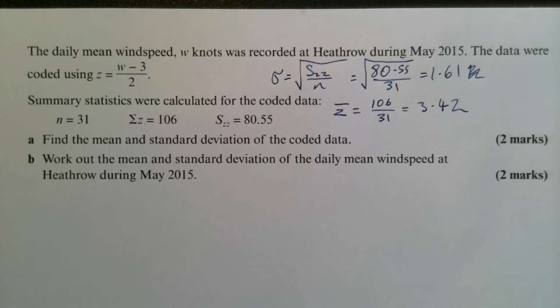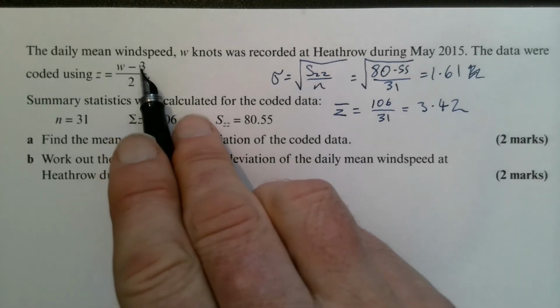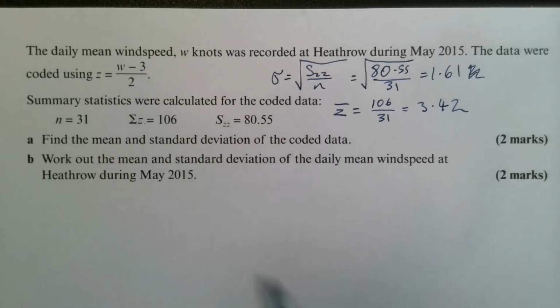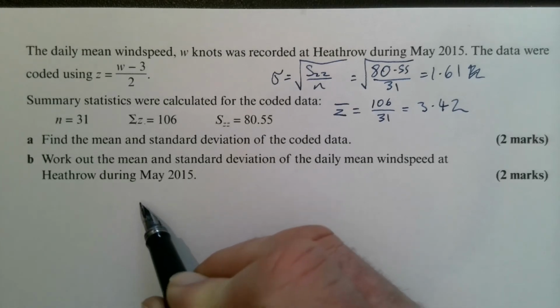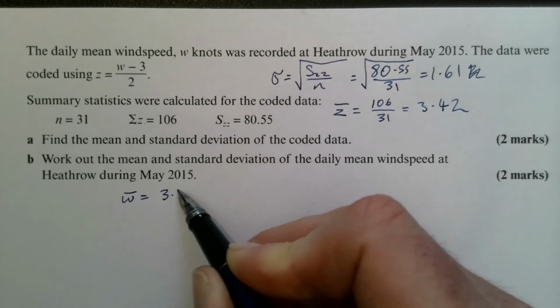So we've got to decode what that is. As far as the mean is concerned, both of these things are going to have an effect. The last thing that's our original data has had 3 taken away and then divided by 2. So for the mean, we're going to need to multiply it by 2.